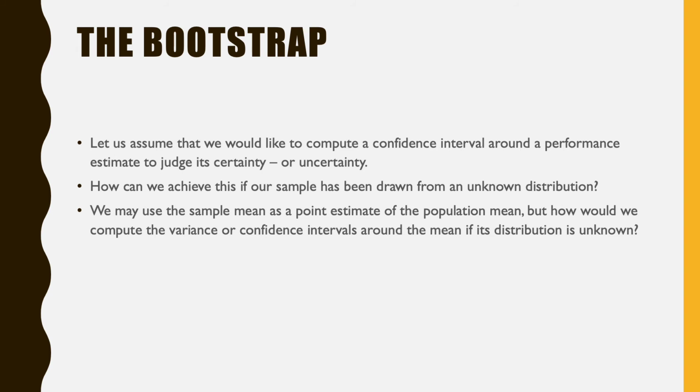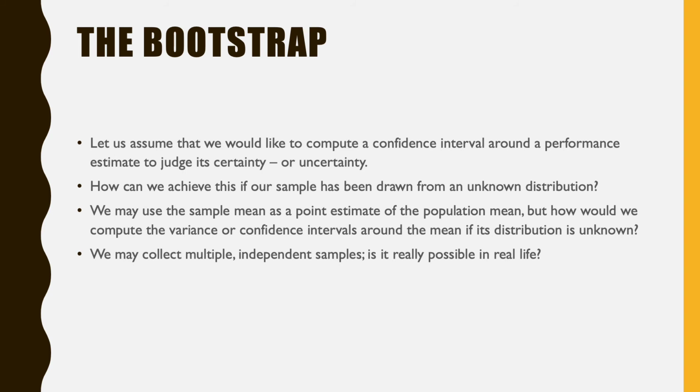What can be the solution is that we may collect multiple independent samples, which is going to give us some idea about the variance or confidence intervals. But in real life, is it really possible to collect several independent samples?